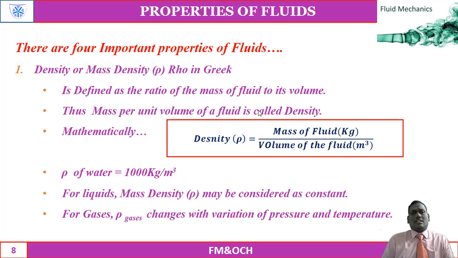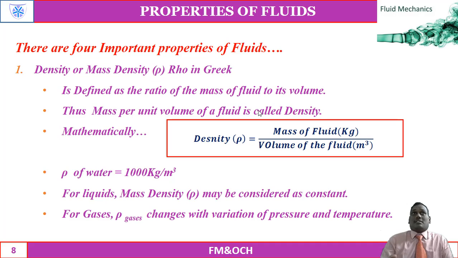What is density, or mass density? It is defined as the ratio of the mass of a fluid to its volume. Mathematically, it is the mass of the fluid, which we always represent in kgs, divided by the volume of the fluid. Generally volume is defined in cubic meters.